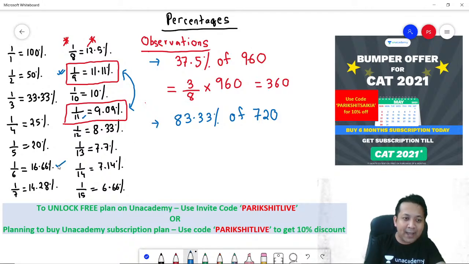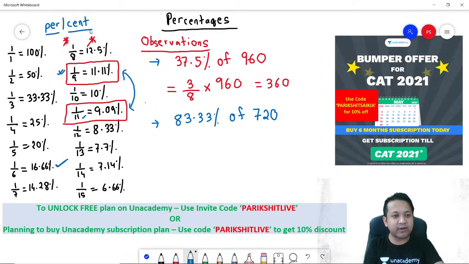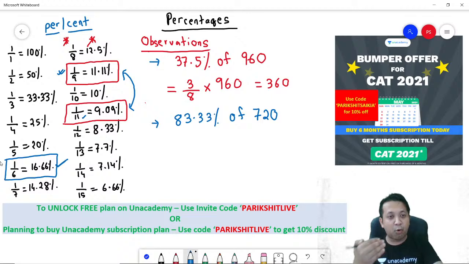How? If 1 by 6 is 16.66, remember we are dealing with percentages. What is the meaning of percent? It means per 100, right? So if 1 by 6 is 16.66, can I say the remaining portion, what is the remaining portion? 100 minus 16.66.